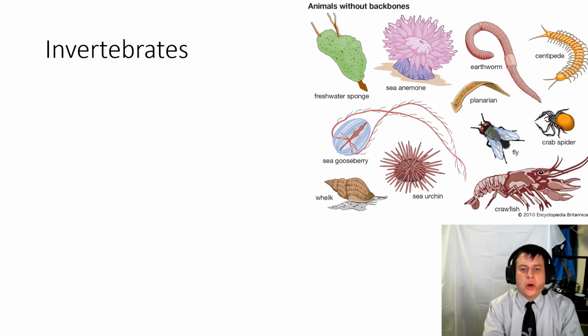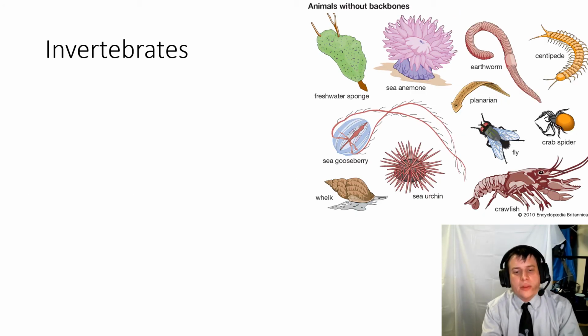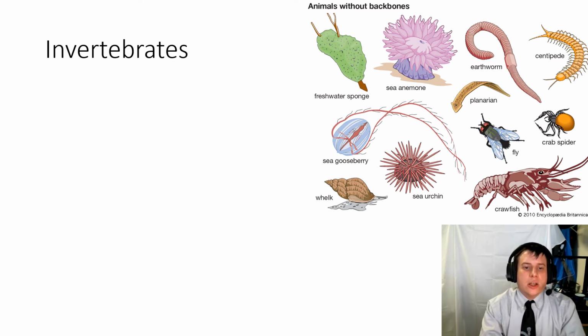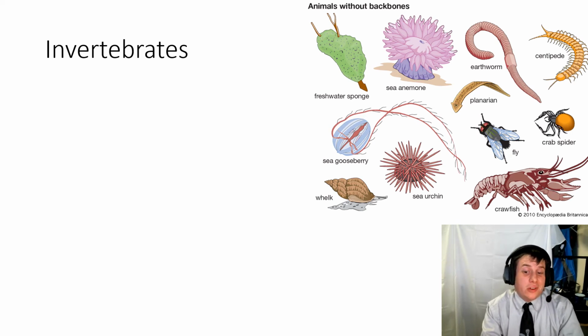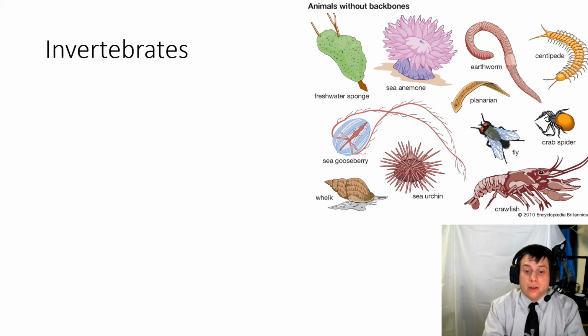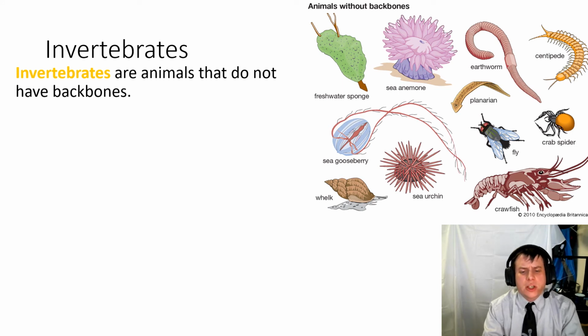All right. So let's break down the animals a little bit. Let's talk about the larger group of animals, the invertebrates. So this is a small selection of them. Something like two-thirds of all animals on Earth or more are invertebrates. Most of them insects. So invertebrates are animals that don't have backbones.